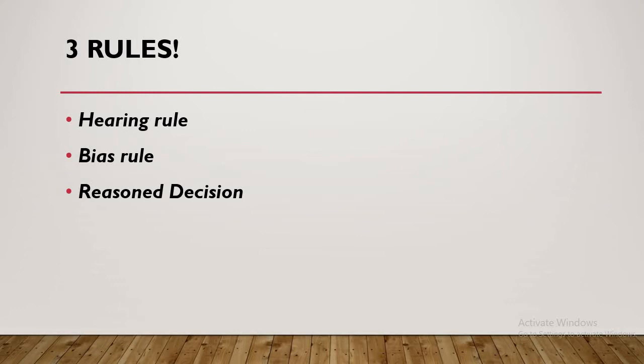Basically, natural justice consists of three rules. The first one is the hearing rule, which states that the person or party who is affected by the decision made by the panel of expert members should be given a fair opportunity to express his point of view and defend himself.